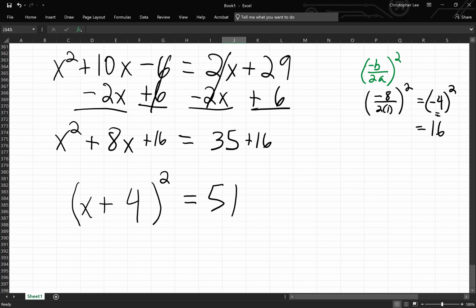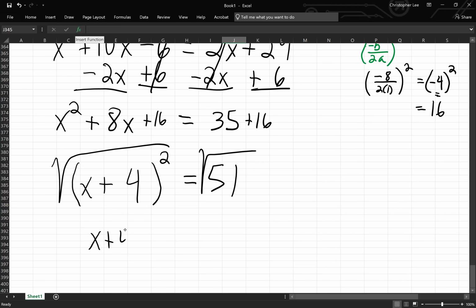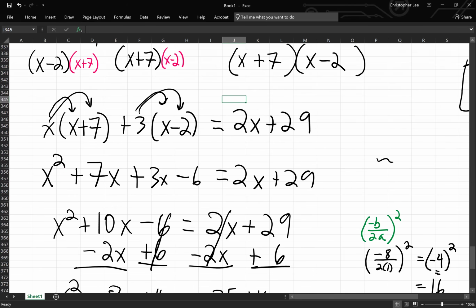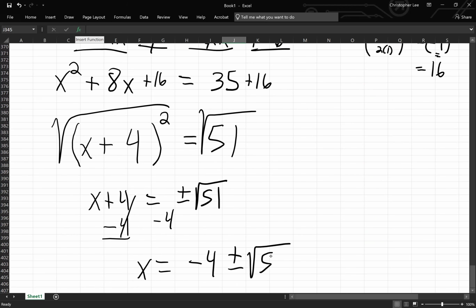All right, so what do I do after that? Okay, so I'm going to square root this. So I do to one side, do to the other. I have x plus 4 is equal to plus or minus square root 51. And what do I do after that? Minus 4. So x equals negative 4 plus or minus square root 51.